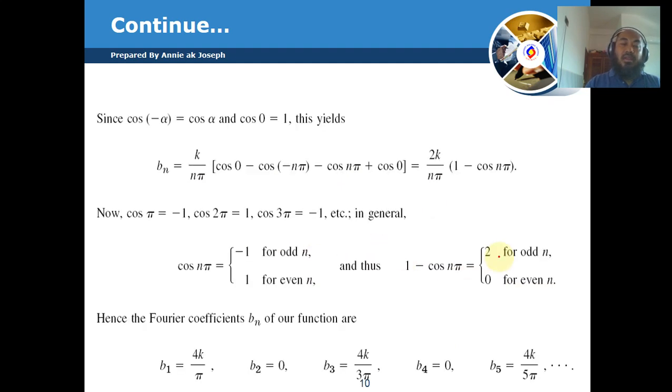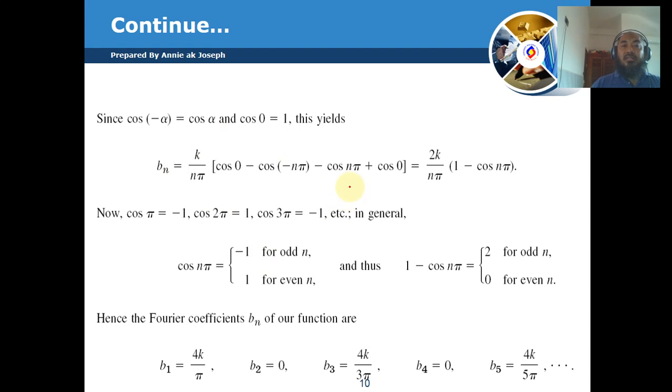Okay, and then sin, cos minus cos is equal to 1, this yields 2k divided by 2 pi times 1 minus cos n pi. Now cos pi is equal to minus 1, so cos n pi is equal to minus 1 for odd n and equal to 1 for even n.